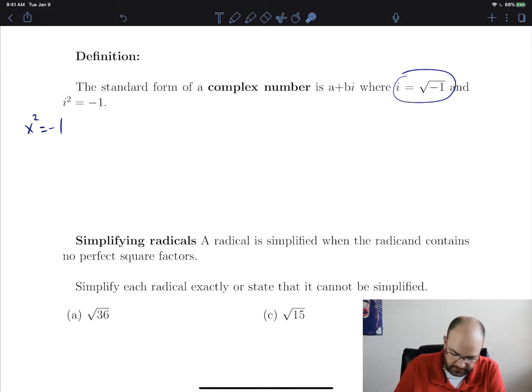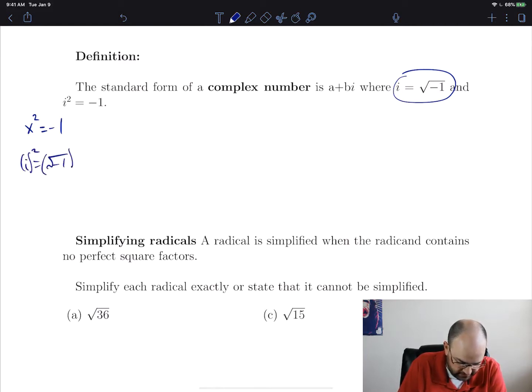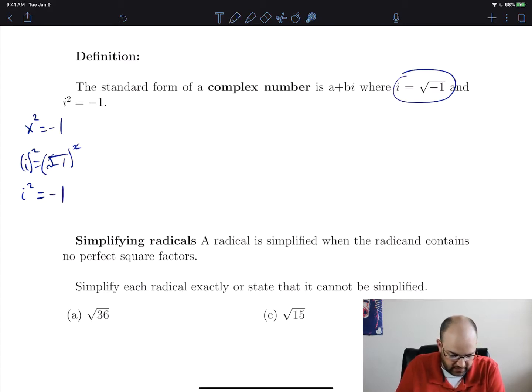So basically, notice that if you say i equals the square root of -1, and then you square both sides, you get i squared is equal to the square root and square cancel each other, leaving you with -1. And notice that this is in fact this form. That's the reason why i is in fact a solution to that.